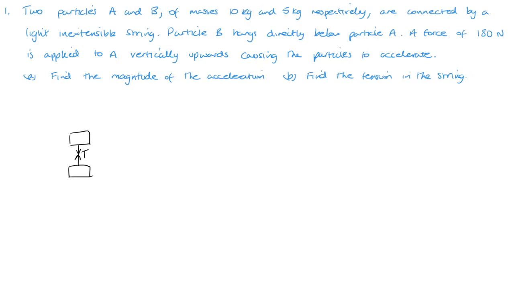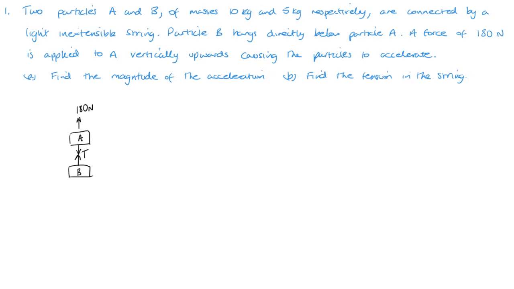Particle A and particle B. A force of 180 newtons acts upwards from A, causing the particles to accelerate. Find the magnitude of acceleration and the tension in the string.